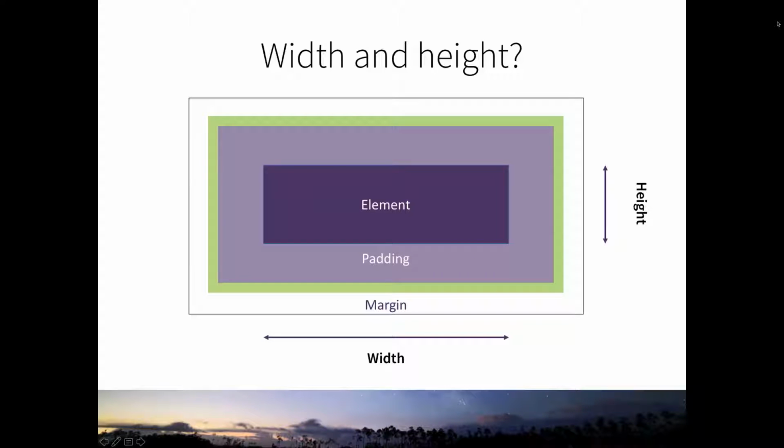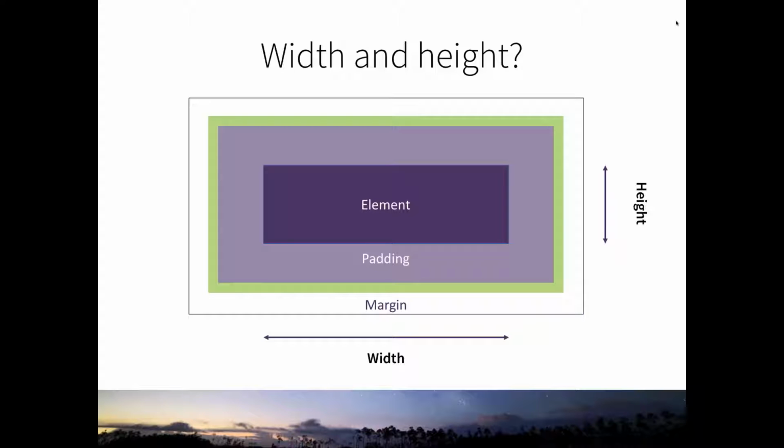Now, what is important here, and what you see here on screen, is that an element has a width and a height. And if you specify the width and height of an element, that kind of makes sense, right?